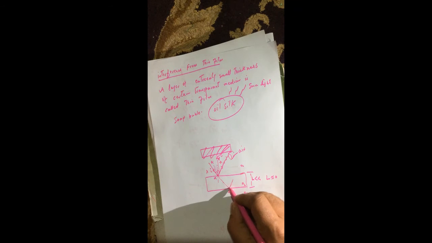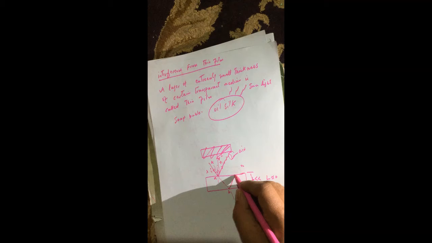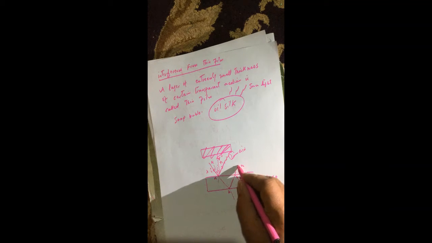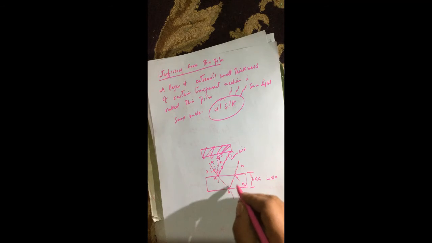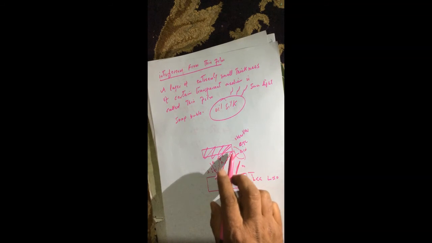Now this reflected ray crosses the thin film again and reaches point C. Here at point C again we have two things: either this ray is reflected or it can be refracted. The refracted ray here is intercepted by this observer eye.